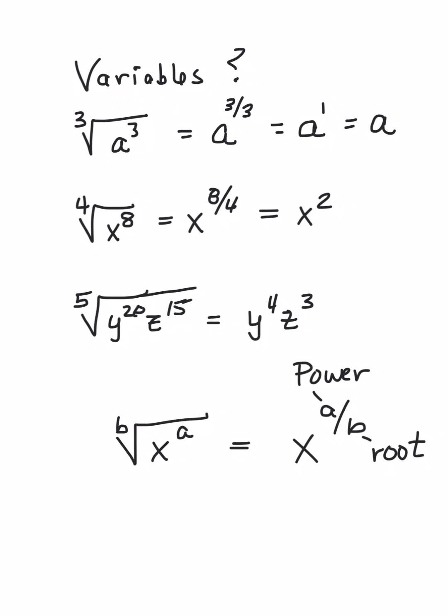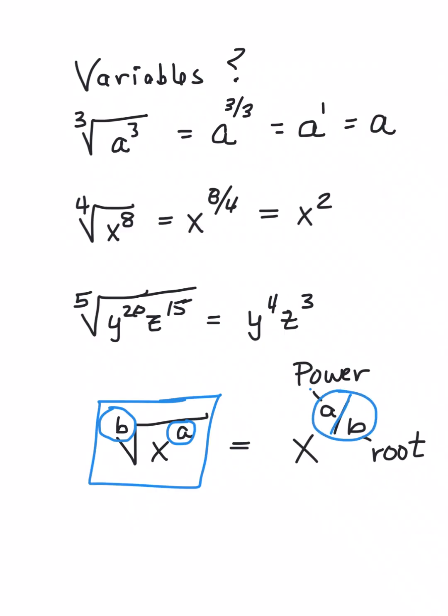So what happens when we involve variables, because that's what we do in algebra. When you have a radical sign like this with an index of b, this is the root, and this is the power. This is equal to x to the a over b power, the power over the root.